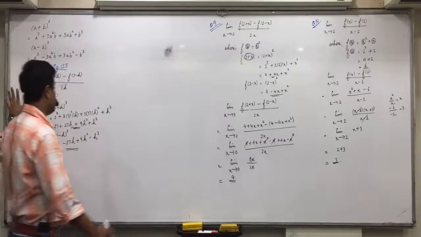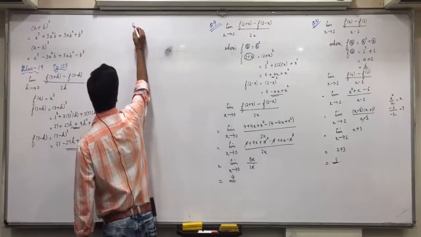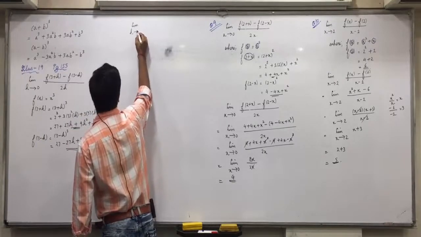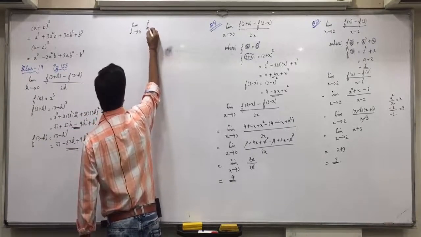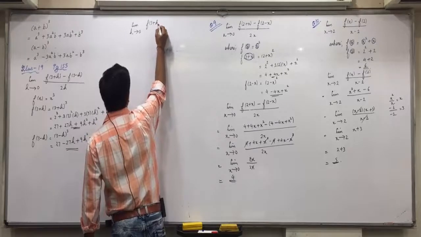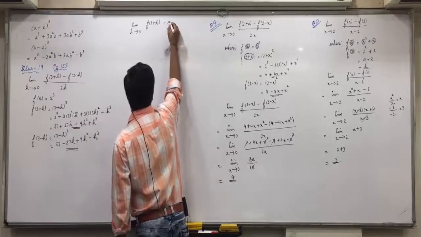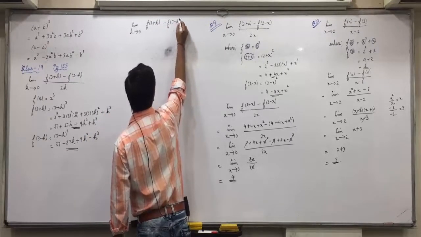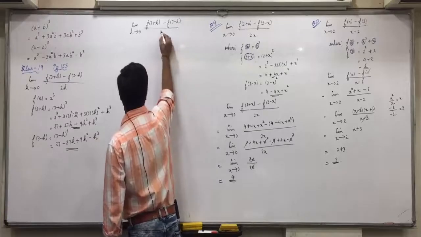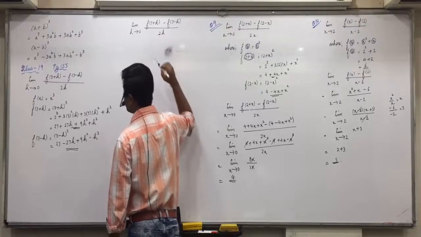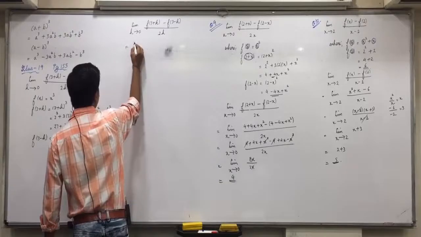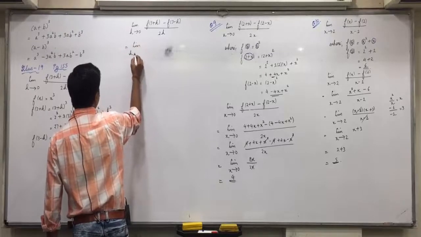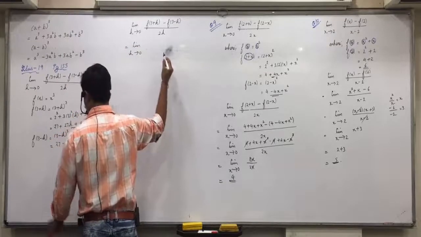Now we'll simplify this limit. Limit h tends to 0, f(3+h) minus f(3-h) upon 2h is equal to limit h tends to 0.